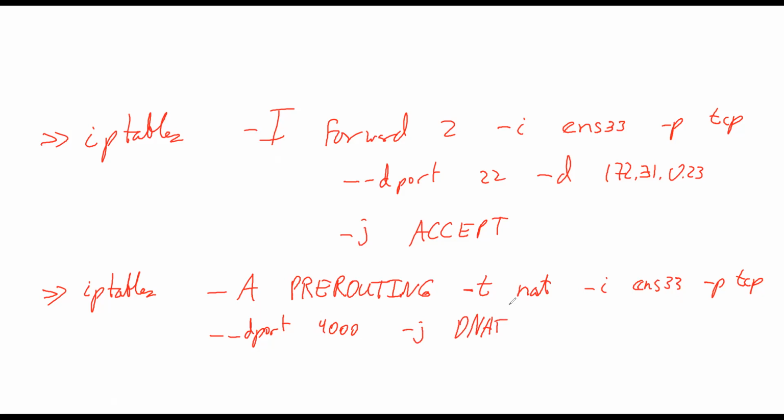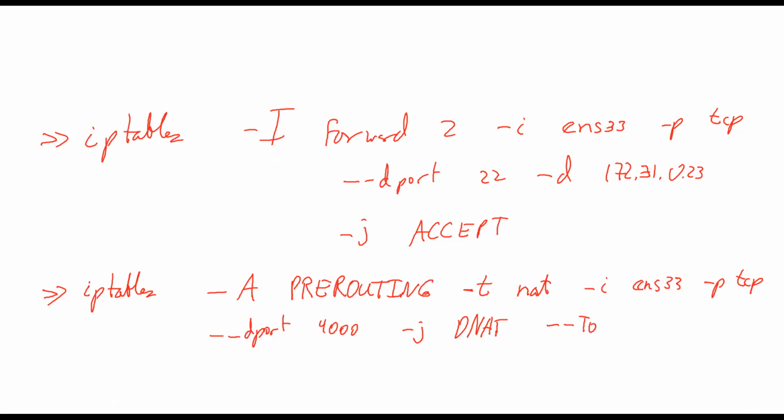Which basically just means jump to a DNAT target, a destination network address translation. You're going to jump somewhere. Then you say where you want to jump to, so you use --to.